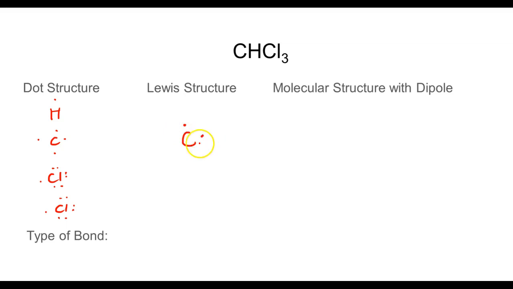I can tell that because you just have an individual electron in each region. So in this case, I can have hydrogen be bonded here. I can have chlorine be bonded here, another chlorine to be bonded here, another chlorine to be bonded here.